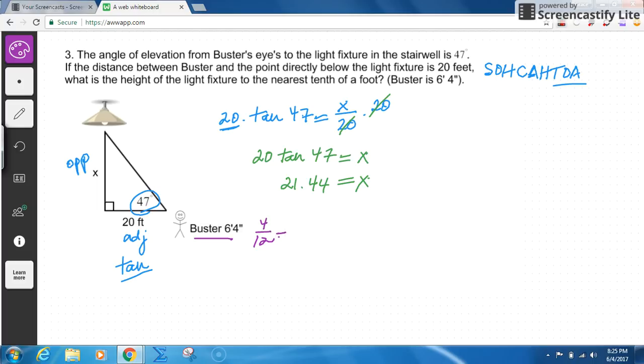So that's equivalent to 1/3, which is 0.33 repeating. So 6 foot 4 inches is going to be equivalent to 6.33 repeating.